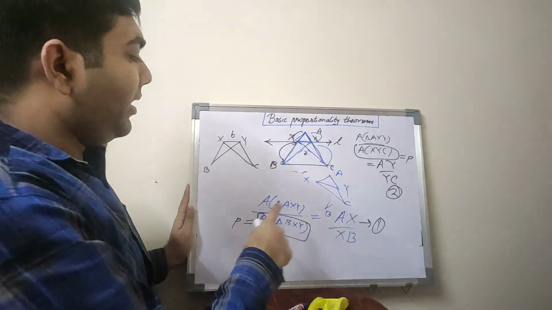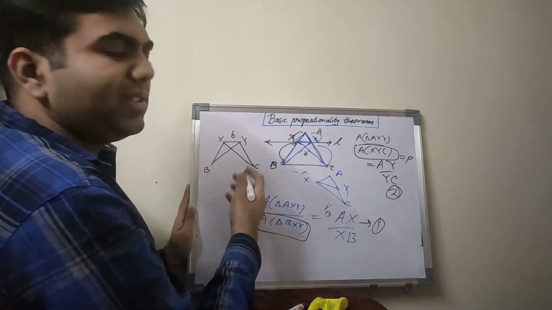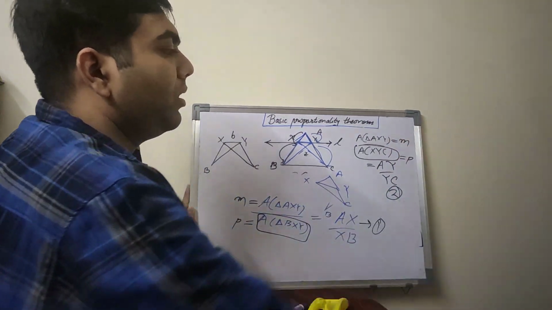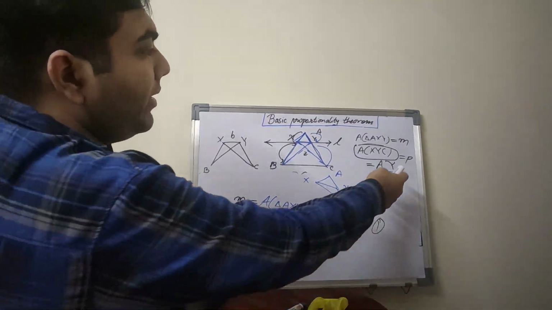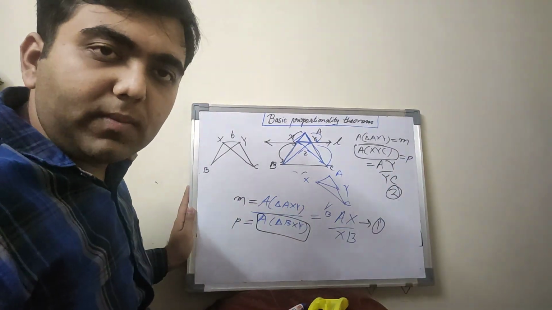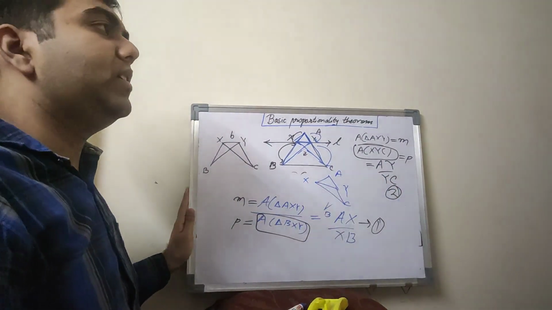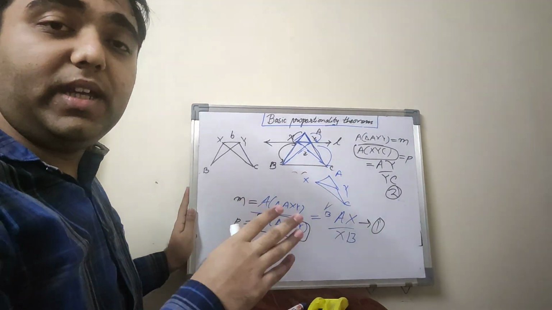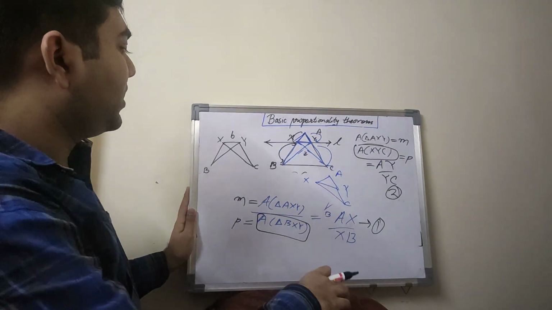Area of triangle AXY, AXY, they both are the same. Let's just name it as M. Some quantity M. We're just naming it. What do I have? M by P equal to something. M by P equal to something. And these two somethings are different. If I have A equal to B and A equal to C, what does that mean? That B and C are the same.